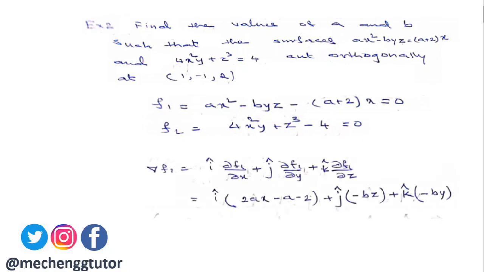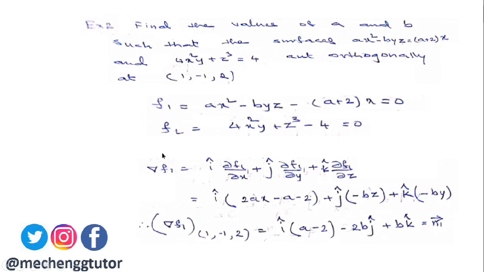Del f1 formula is i into dou f1 upon dou x, j into dou f1 upon dou y plus k into dou f1 upon dou z.